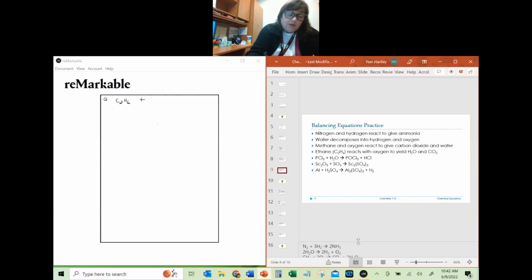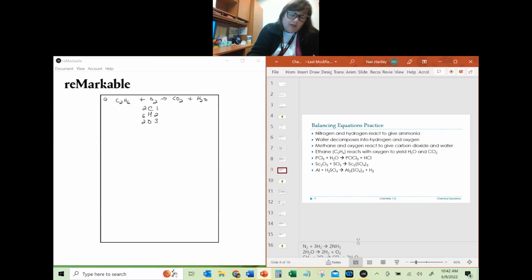Okay. C2H6 plus O2 goes to CO2 and H2O. Carbon, hydrogen, oxygen. 2 carbons there, 1 carbon there. 6 hydrogens there, 2 there. 2 oxygens there, 2, 3 on this side.